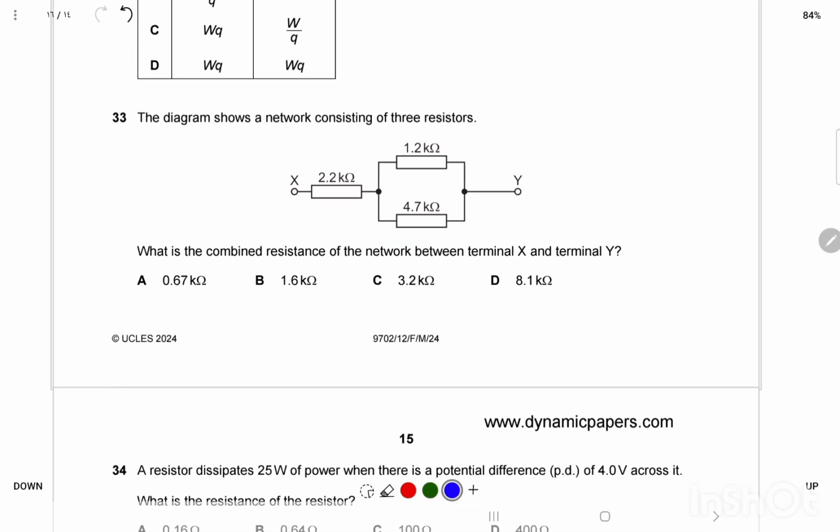Question 33. Diagram shows network consisting of 3 resistors. What's the combined resistance of the network between X and Y? First step, you have to find combined resistance of the parallel resistors. So you can see 1 over R total for this branch is equal to 1 over 1.2 plus 1 over 4.7.